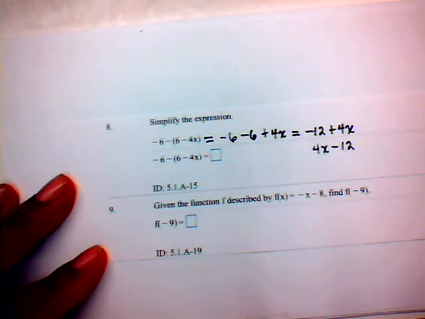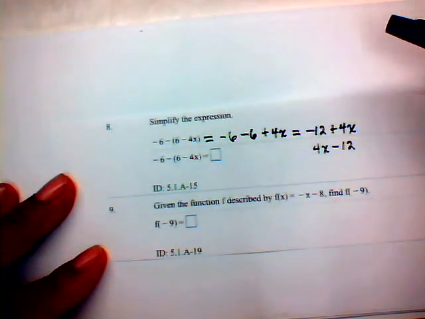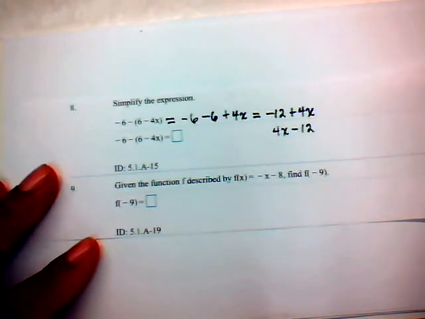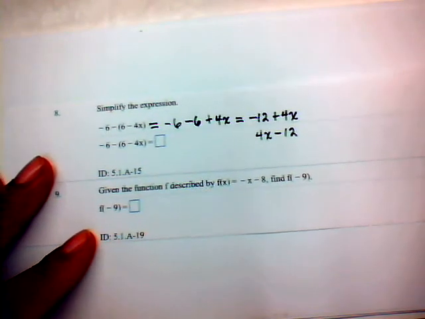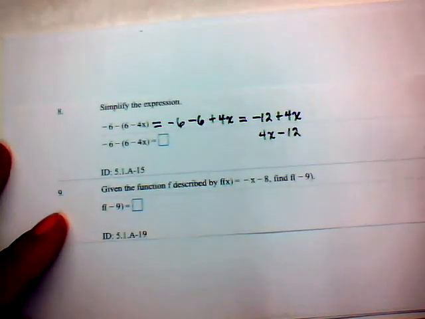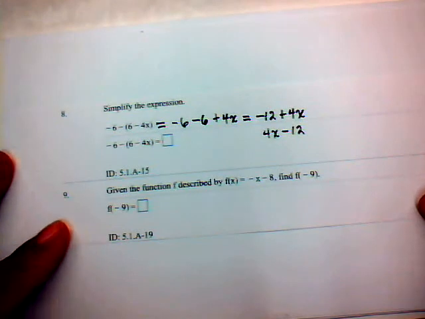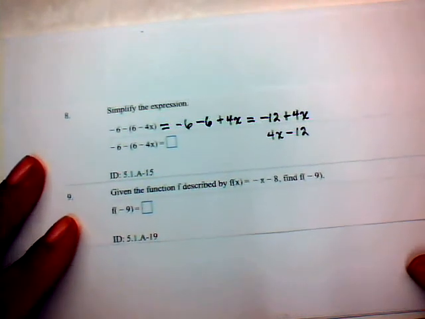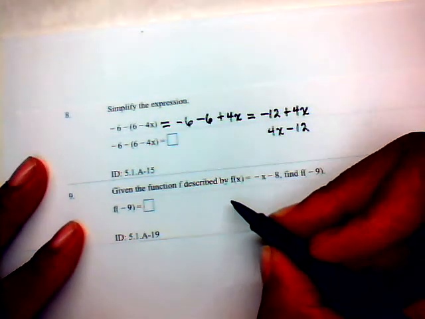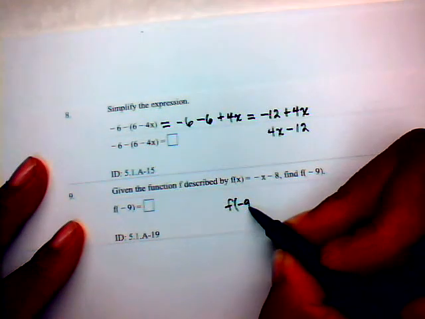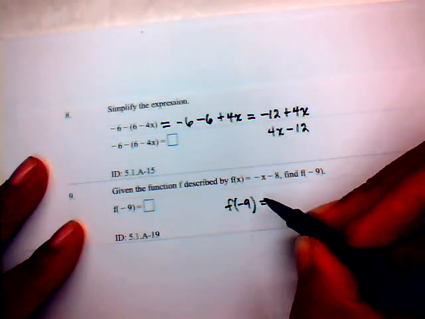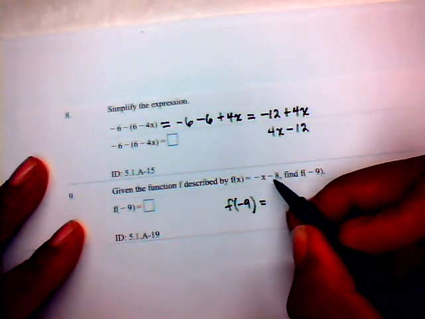All right, number 9. Given the function f described by f of x is equal to negative x minus 8, find f of negative 9. Okay, so here we're evaluating f of negative 9 using this expression.